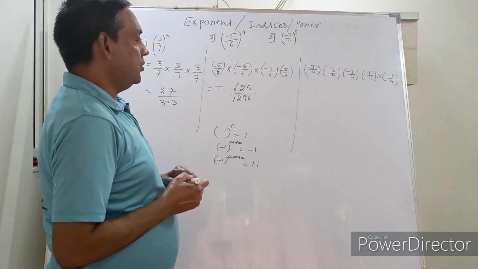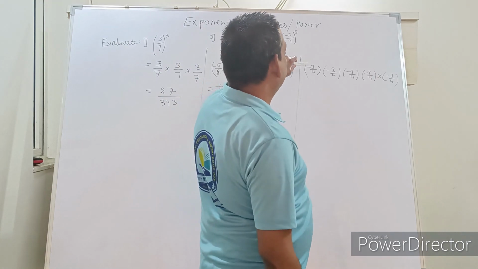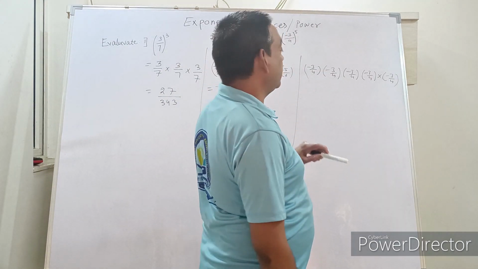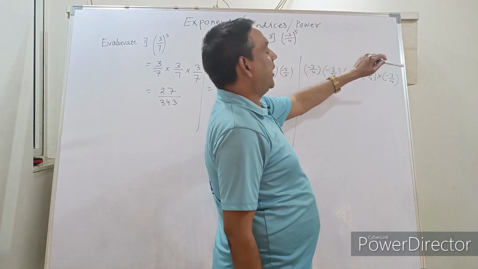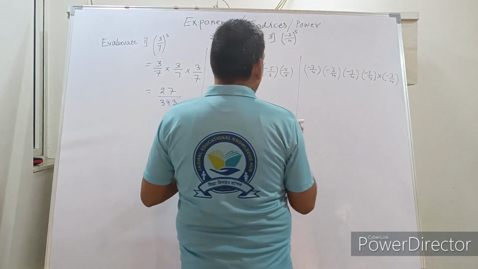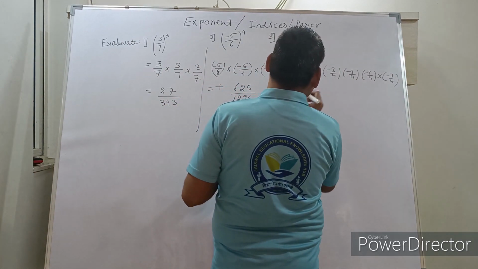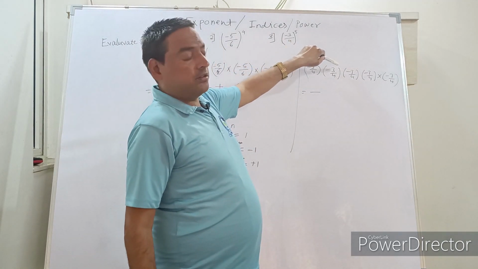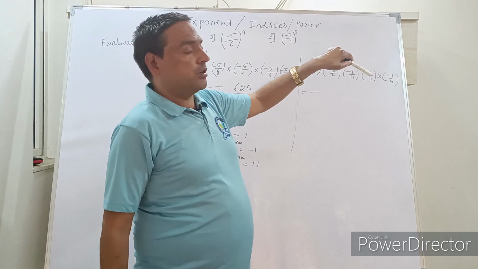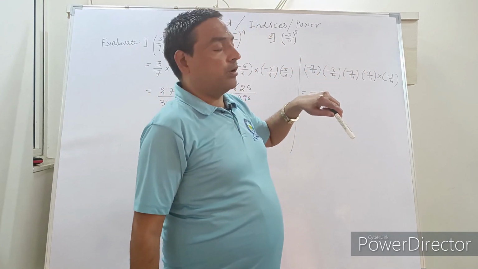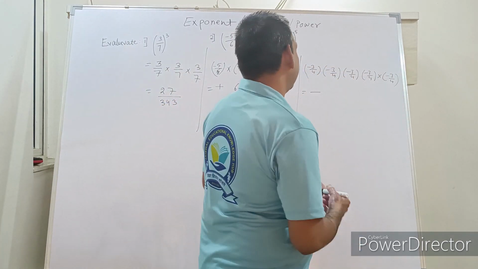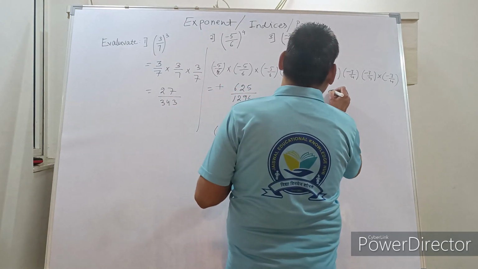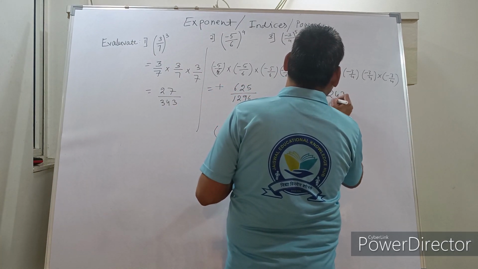Just count how many times: raised to 5, which is an odd number, 1, 2, 3, 4, 5. So the answer will be minus. 3 threes are 9, 9 threes are 27, 27 threes are 81, 81 threes are 243. So the numerator is 243.